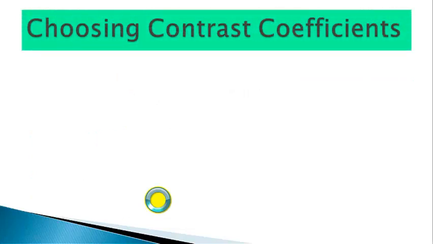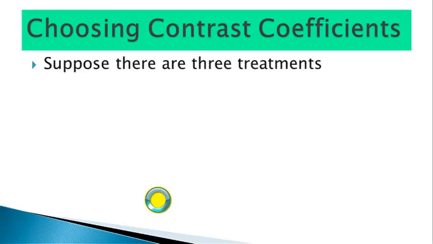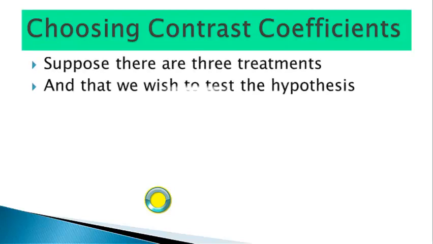Choosing contrast coefficient. Suppose there are 3 treatments and we wish to test the following hypothesis. H0: tau 1 is equal to tau 3 against the alternative that tau 1 is not equal to tau 3.